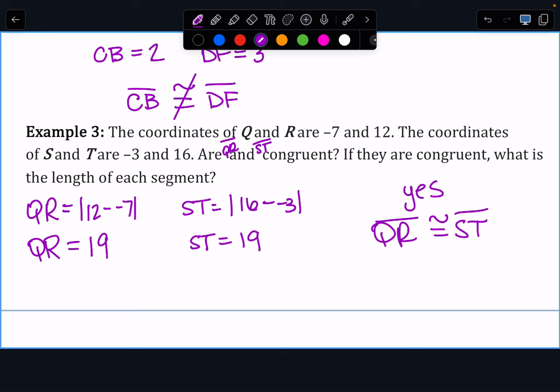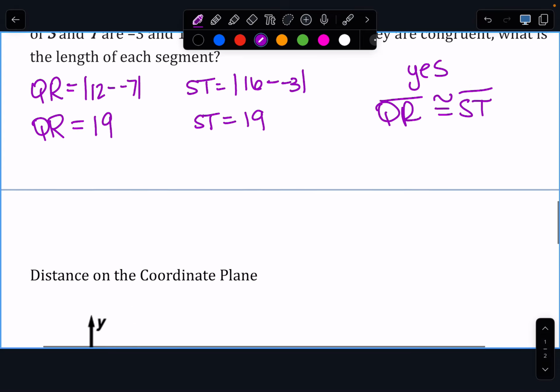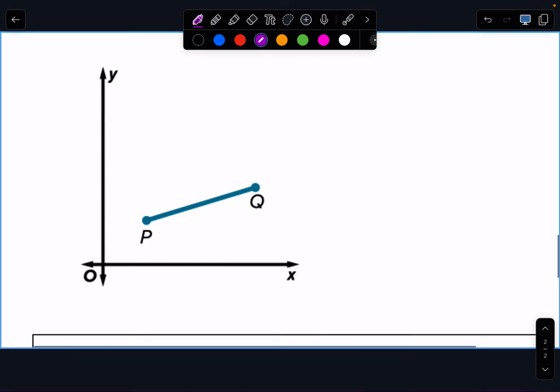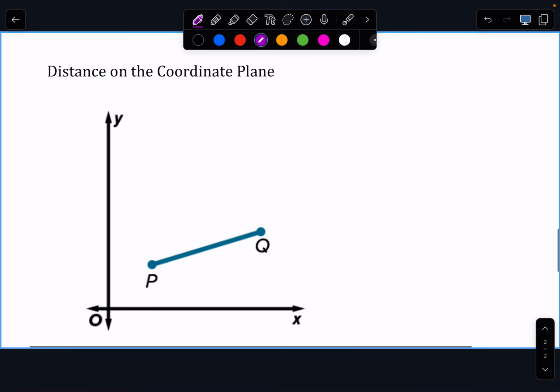Now, when it gets really exciting is when we get to find the distance between 2 points on a coordinate plane. Go ahead and turn the page. All right.